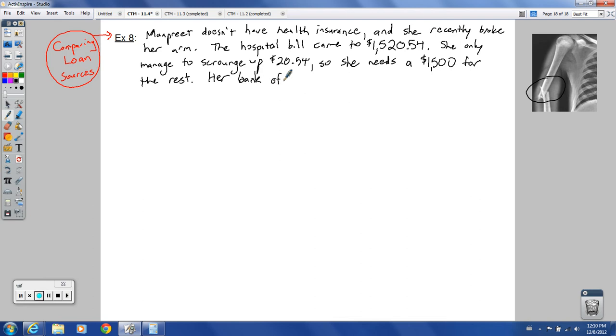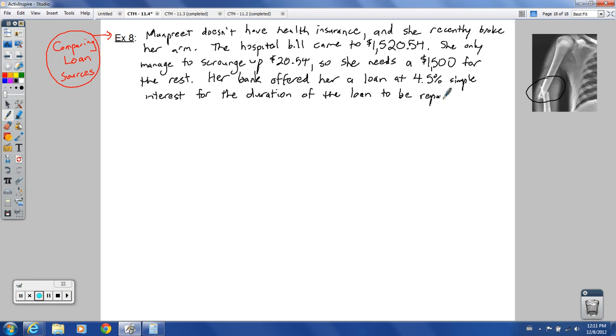Her bank offered her a loan at 4.5% simple interest for the duration of the loan, to be repaid in 18 equal monthly payments.